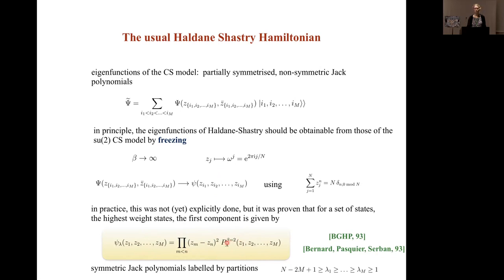For beta equal to 1, they are Schur polynomials. For beta equal to 0, they are symmetric monomials. So by some miracle, in this case for Haldane-Shastry, one gets beta equals 2 Jack polynomials. And the wave function is indexed by some partitions, as you have already seen. So these lambdas here are related to the lambdas that you have seen in the beginning, in the description of the spectrum.